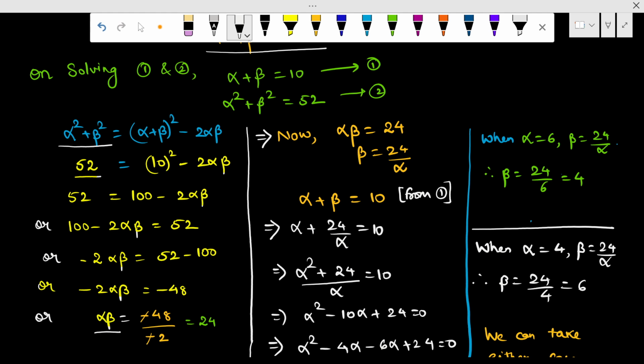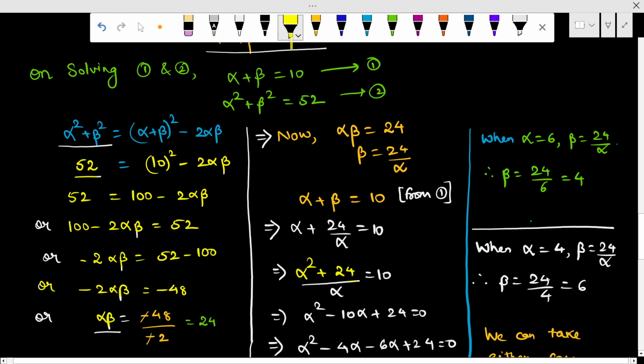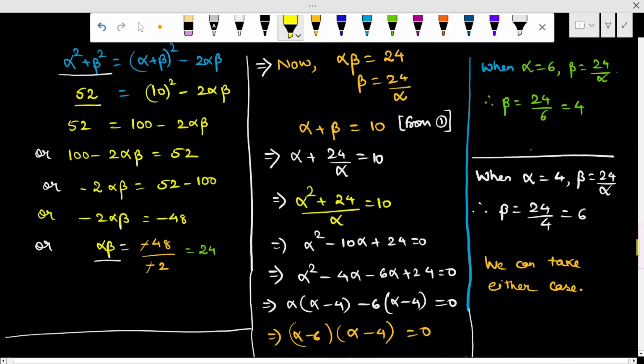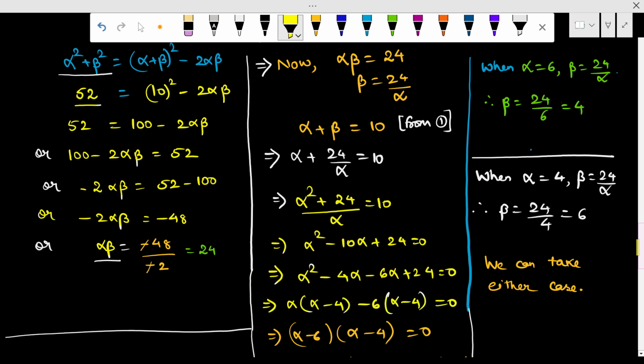Then we take the LCM as alpha. So this will become alpha square plus 24 by alpha is 10. Then we cross multiply. This is alpha square minus 10 alpha plus 24 equals 0, right? Then we factorize this and we get finally (alpha minus 6) into (alpha minus 4) is 0, right?